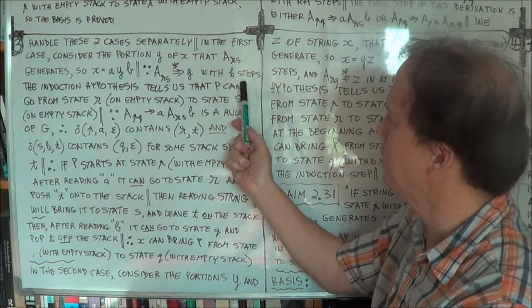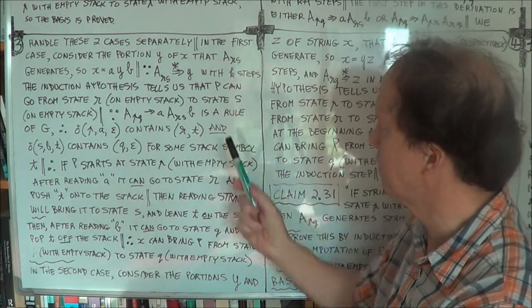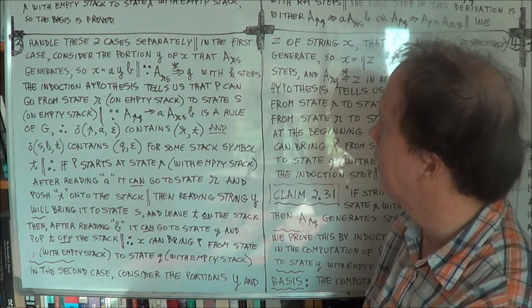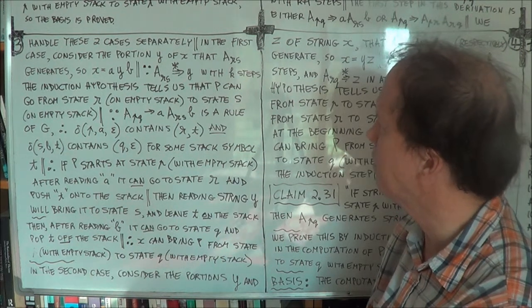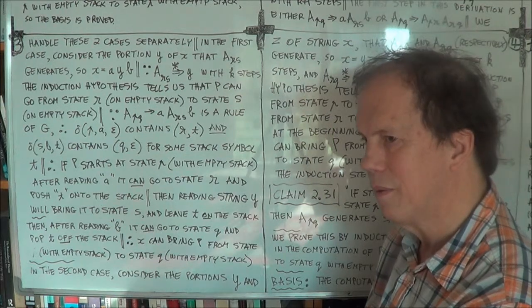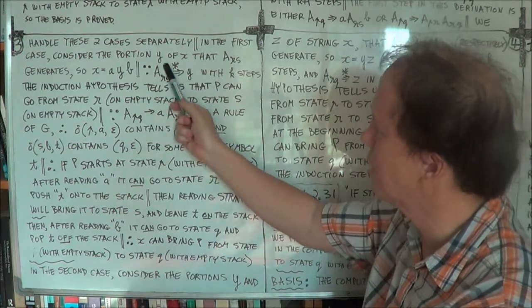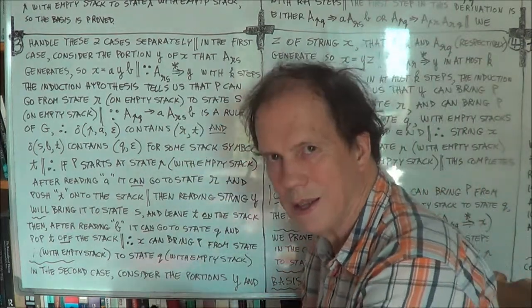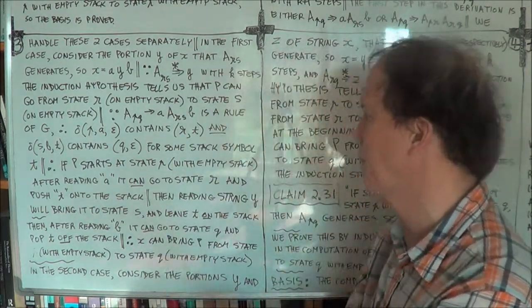In fact, it would be k steps. So the number of steps needed to go from here to here is less than k plus 1. That's the essential thing.